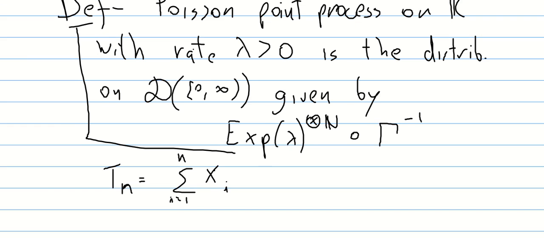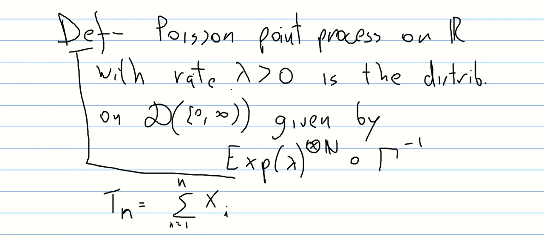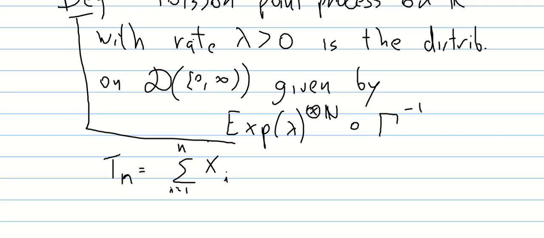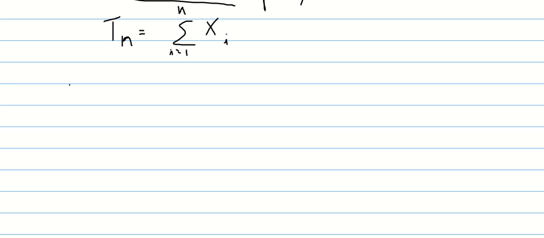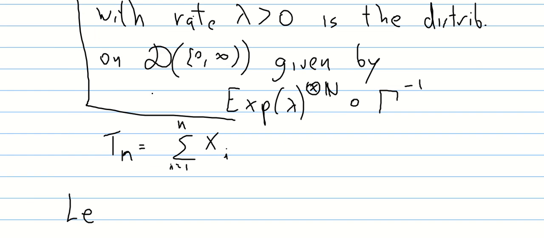And this process that we have defined is called Poisson for a reason. So what we're going to do now is to look at the relation between this and the Poisson distribution that we talked about in the last class. And this comes through this lemma. I'm going to give two motivations for the fact that this is called Poisson point process.